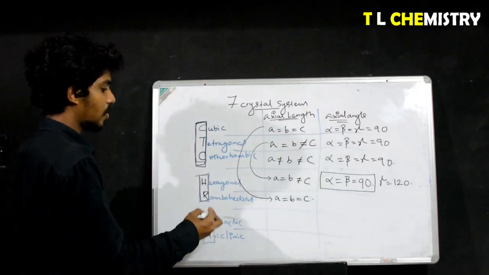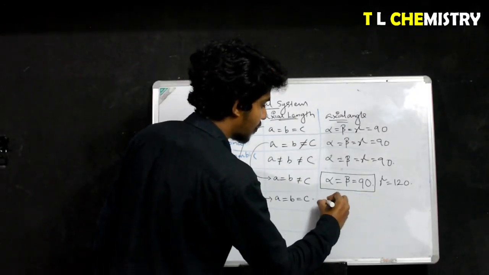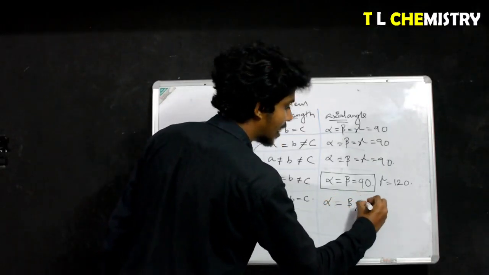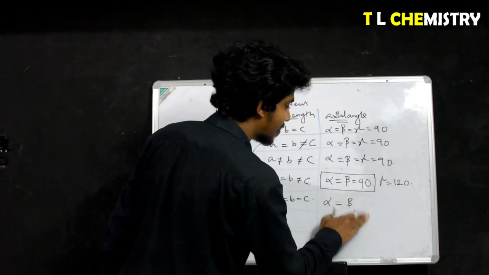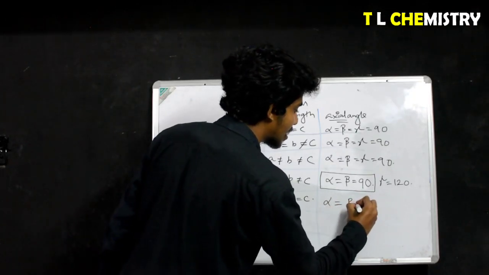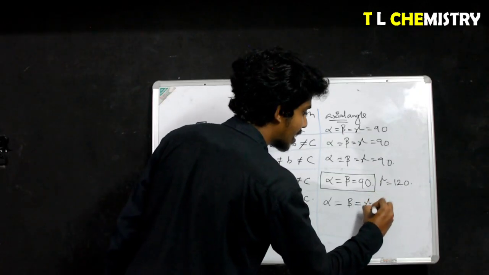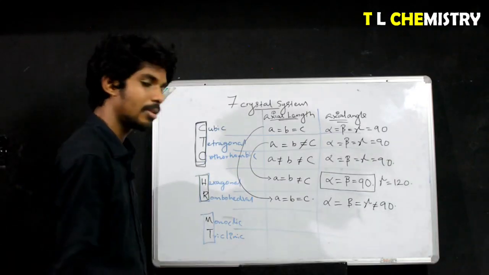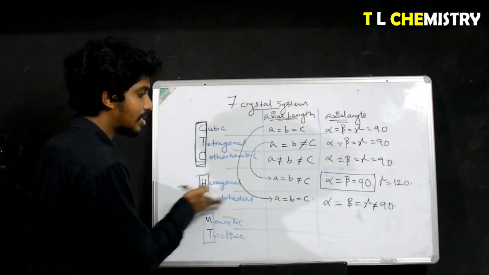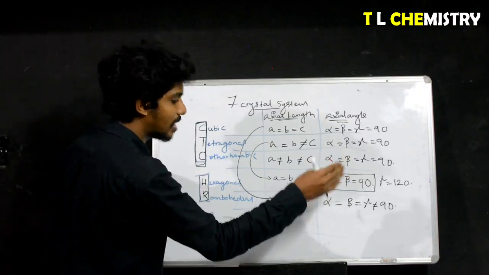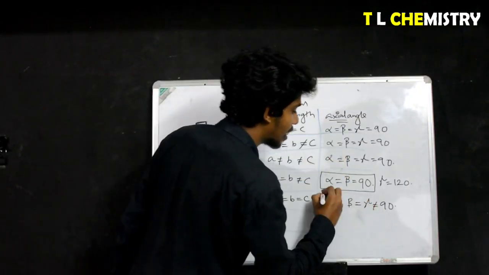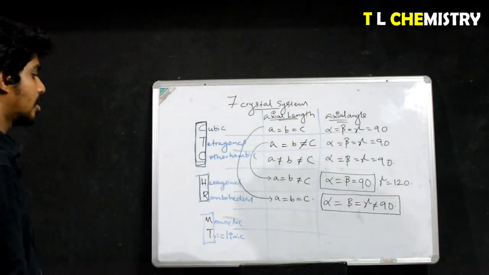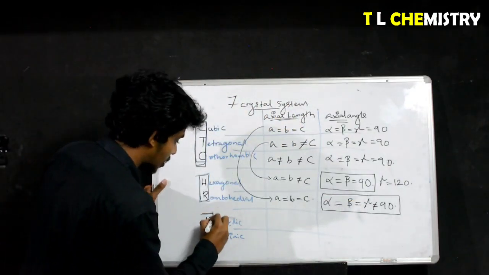Then in the case of rhombohedral, alpha is equal to beta is equal to gamma not equal to 90. Clear? Okay. Then we move to the MT.